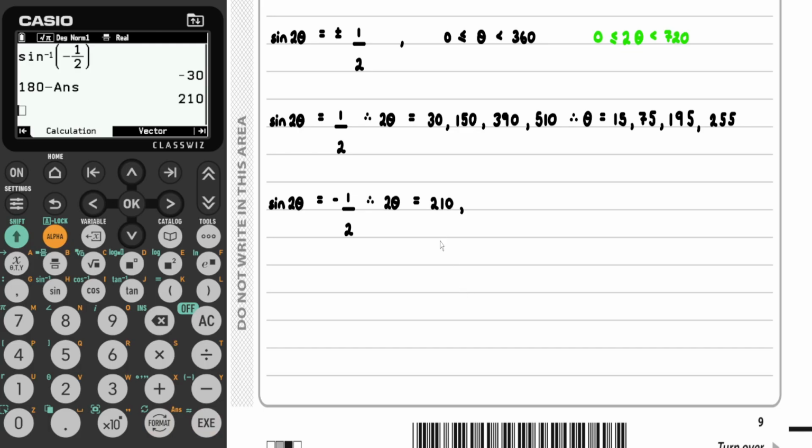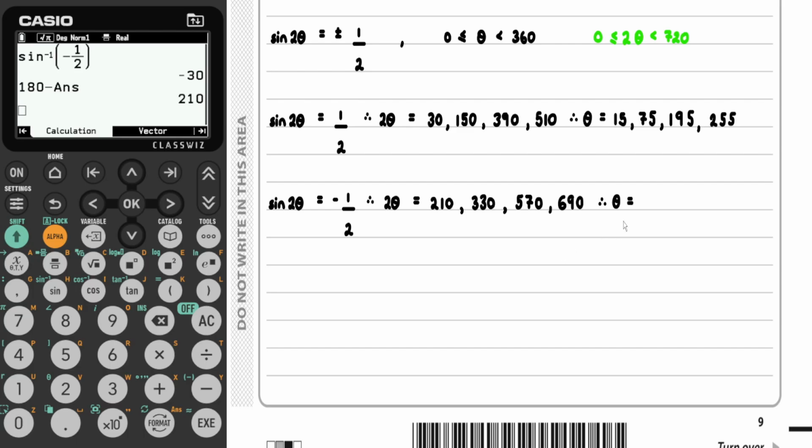To find the next value, I need to do negative 30 plus 360, which is 330. Then to find the next value, I need to do 210 plus 360, which is 570. To find the next value, I need to do 330 plus 360, which is 690.